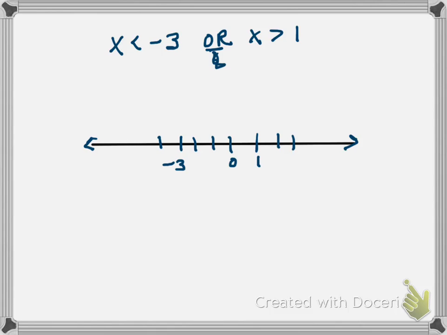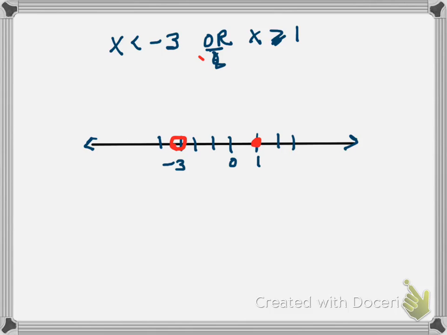I'm going to put an equal to sign here. So we have an example of a closed circle. So go back and add that. So first of all, you need your closed circle at 1. And you're going to need an open circle at negative 3. No equal to sign there.